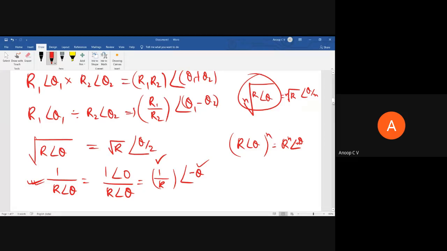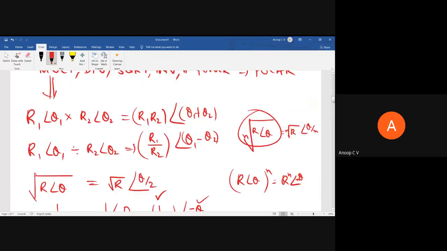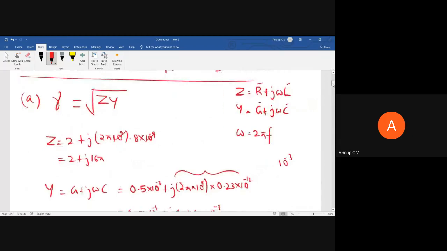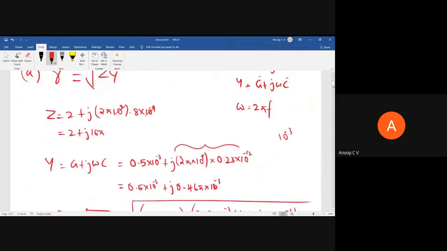Now what I have to do is convert the z and y that we got into polar. So please do help me out in that. The next question is how to convert rectangular to polar, or a plus ib to r angle theta, in the calculator.